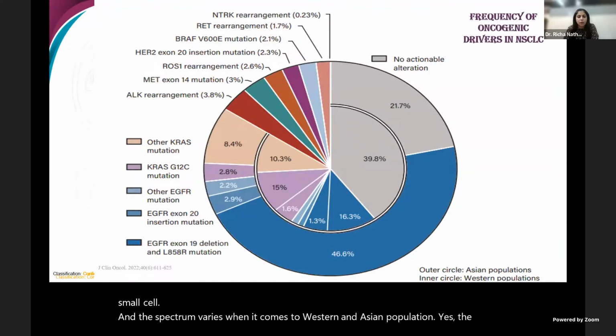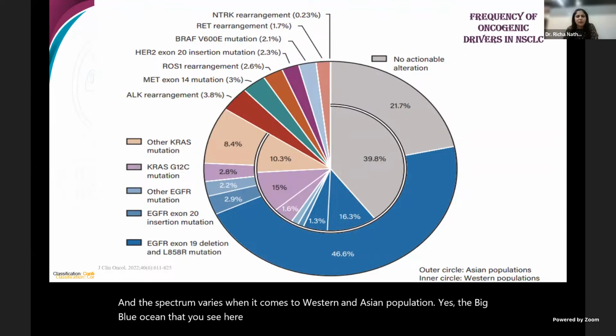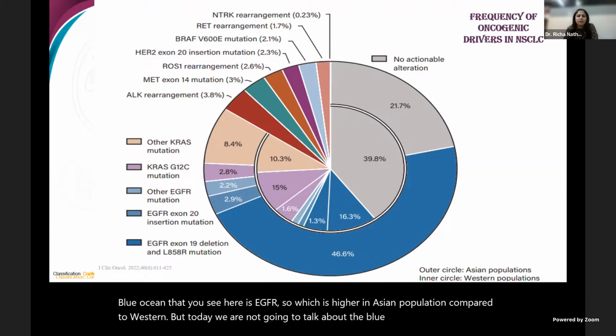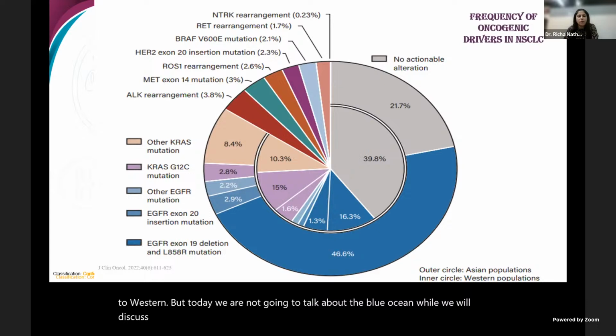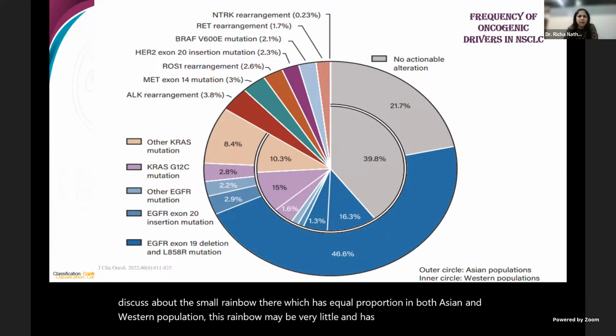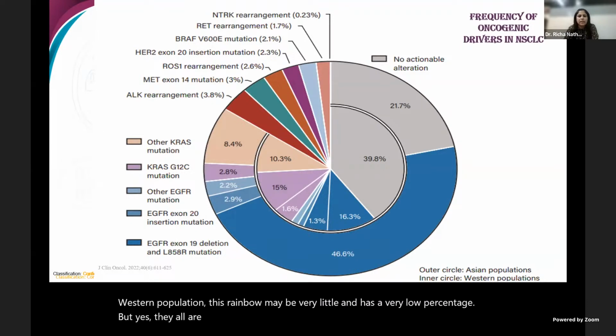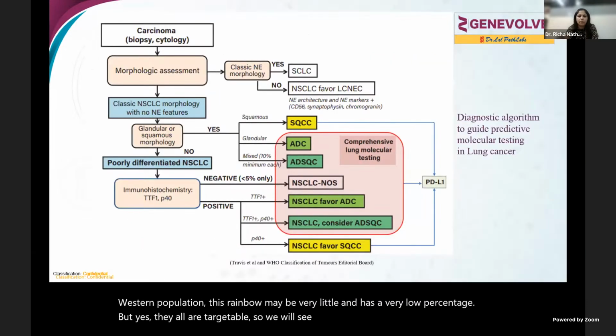The big blue ocean that you see here is EGFR, which is higher in the Asian population compared to Western. But today we are not going to talk about the blue ocean. We will discuss the small rainbow there, which has equal proportion in both Asian and Western populations. This rainbow may be very little and has a very low percentage, but they are all targetable. So we will see which are those.